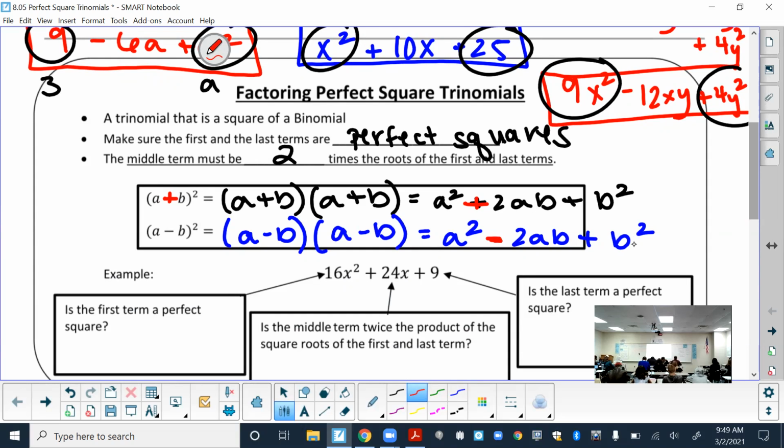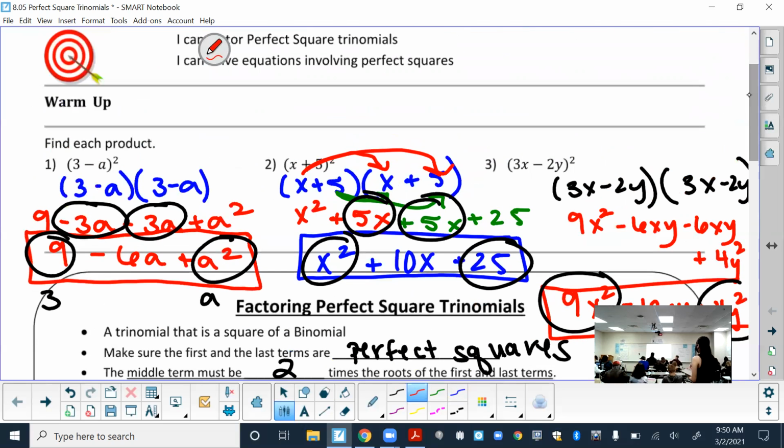All right, the first and last terms should be positive, and the middle term, it just depends on what your factor form was. So if you look at like the warm-up, notice when we FOILed it out, it was this twice, like the negative 3a is there twice. That's the root of the first term and the last term, but multiplied by 2. Does that make sense?